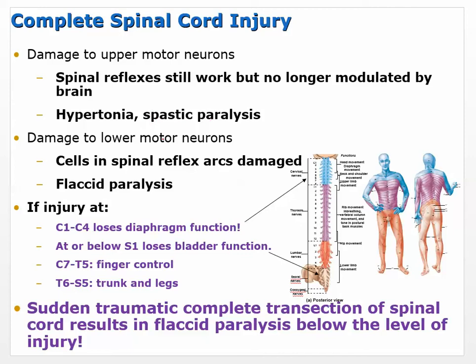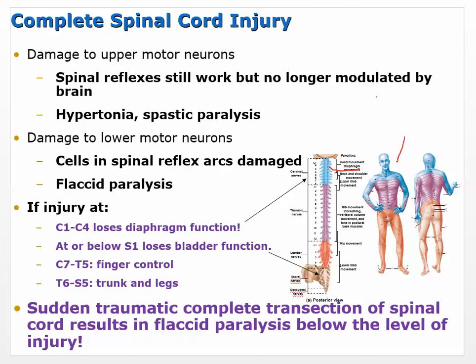Spastic paralysis: damage to lower motor neuron cells, so spinal reflex arcs are damaged. That means you've damaged the neurons that go to the muscles, so no innervation can happen for the muscles and they are going to be flaccid. So you're going to have flaccid paralysis in that case. The way spinal nerves work is they come out and innervate a certain area.